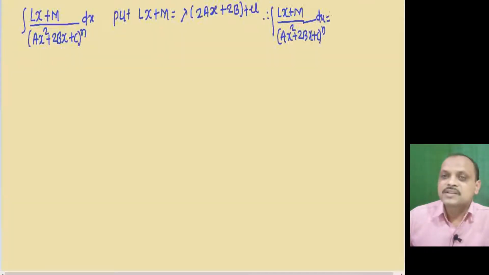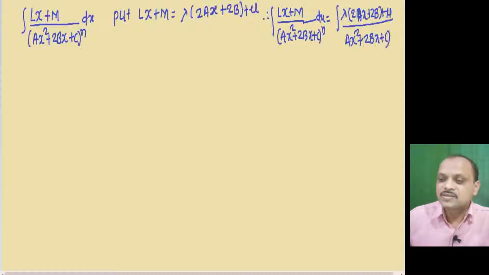This is converted into two parts. Let us write one more step: lambda into (2ax plus 2b plus mu) divided by (ax square plus 2bx plus c) whole raised to n into dx.